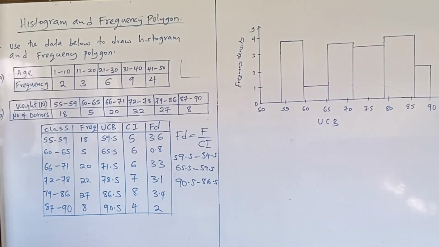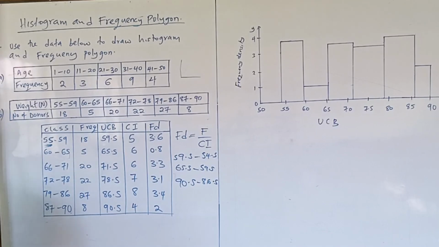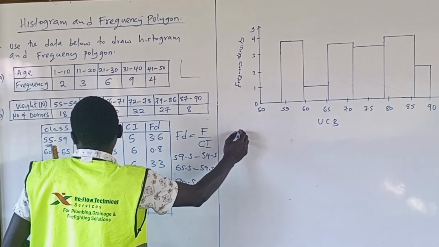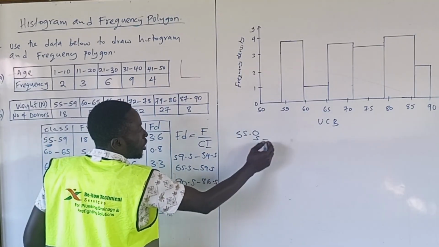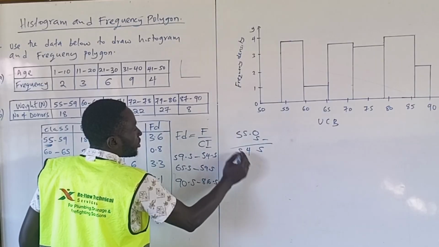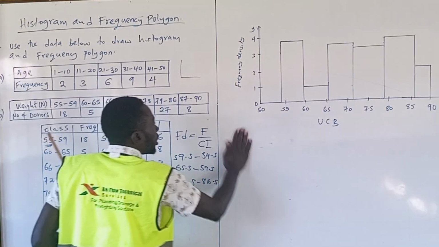You subtract. For example, the lower class here is 55, minus 0.5 gives 54.5. That is how you get the lower. So when you are getting lower, you subtract. When you are getting upper, you add.